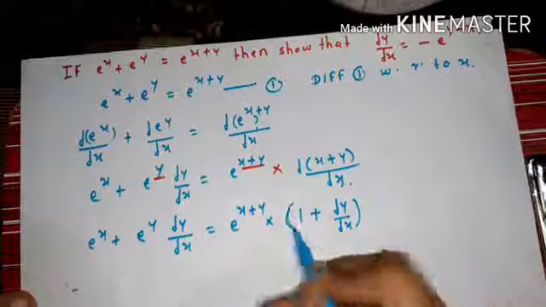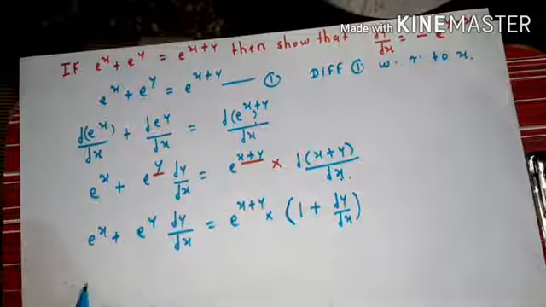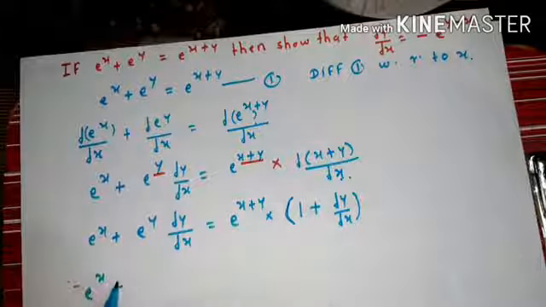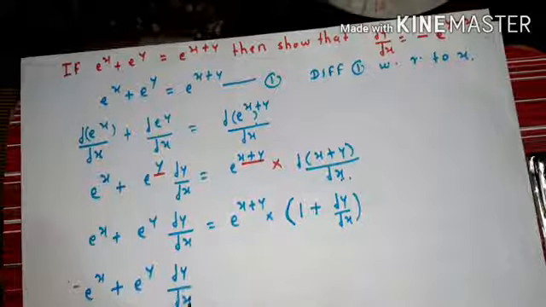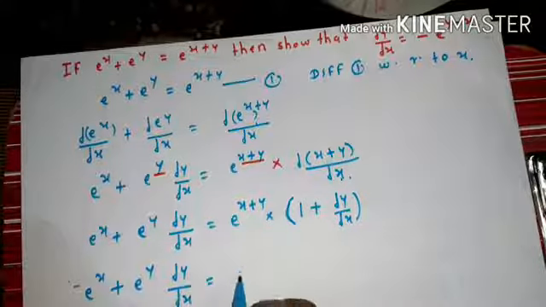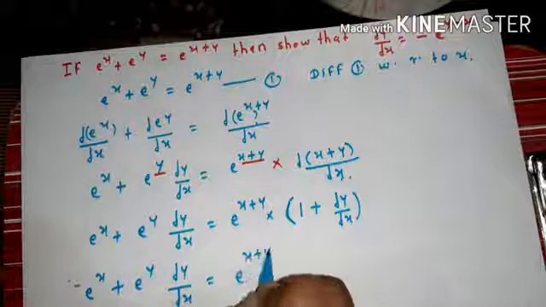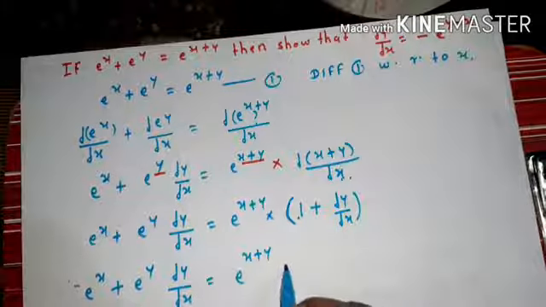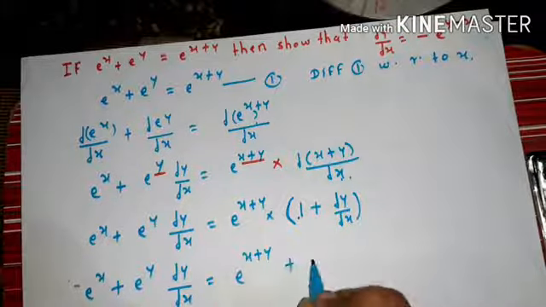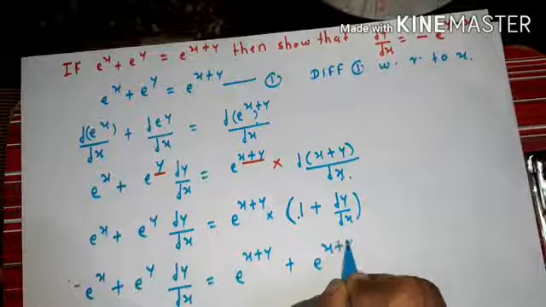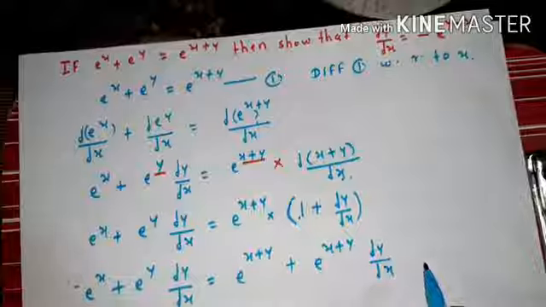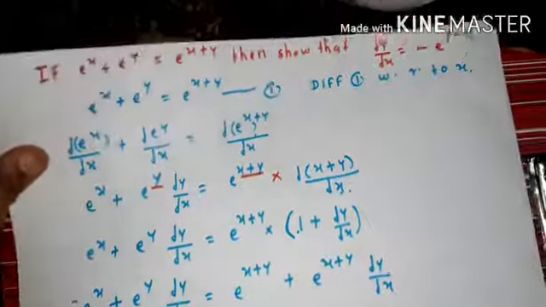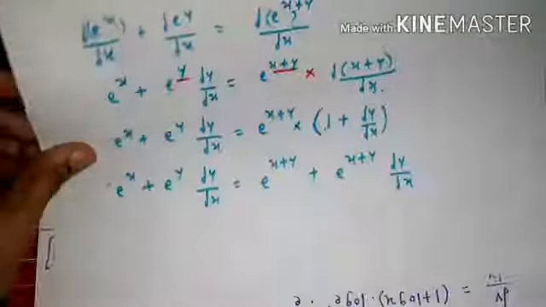Okay, in this way, now this is equal to e raised to x plus e raised to y dy by dx equal to e raised to x plus y into 1 plus e raised to x plus y into dy by dx. Now collect the term containing dy by dx at one side.